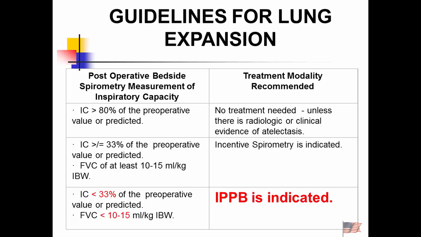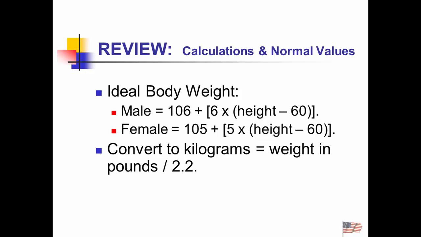And this is the rule I think we saw when we looked at it in spirometry. If it's less than or equal to 33% of the preoperative or predicted value, or a vital capacity of 10 to 15 mLs per kilogram, we would look at spirometry. If we get below those values, now I really need to look at using IPPB as a mechanism by which we're promoting lung expansion.